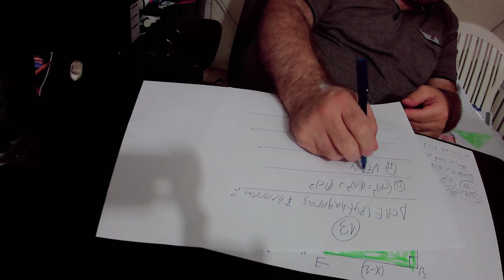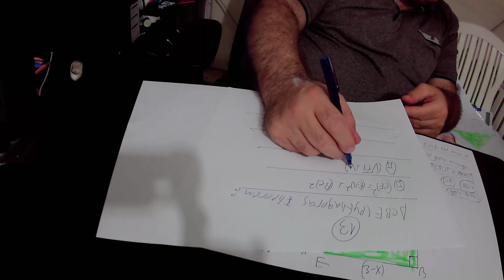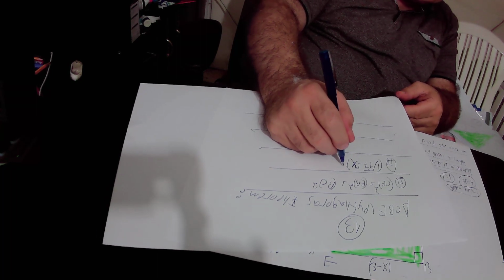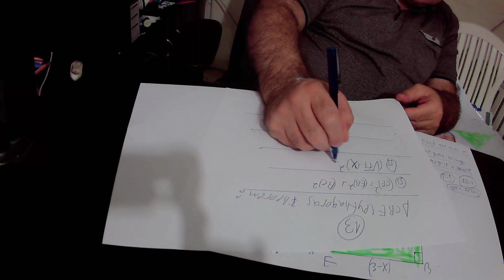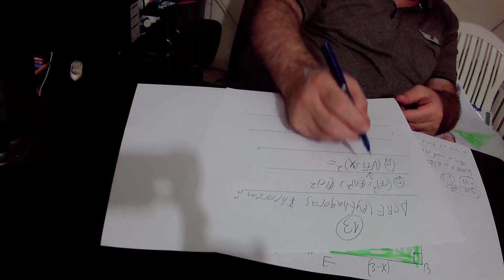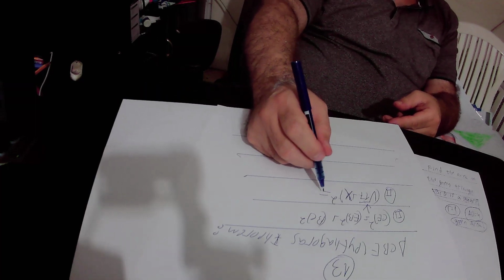If CE equals the square root of 17 plus x, then CE squared will be equal to (square root of 17 plus x) squared. So CE squared equals (square root of 17 plus x) squared plus EB squared.